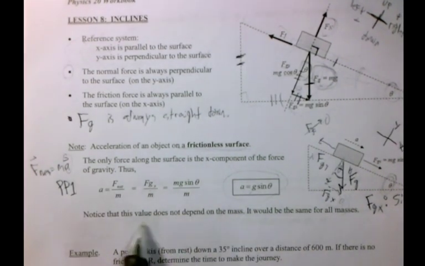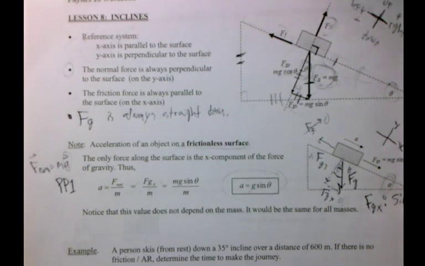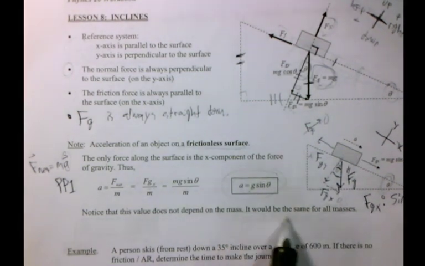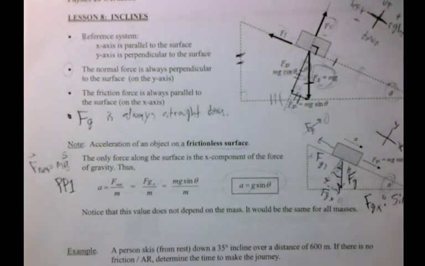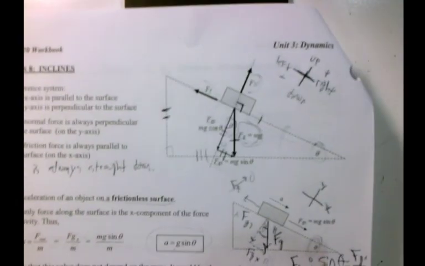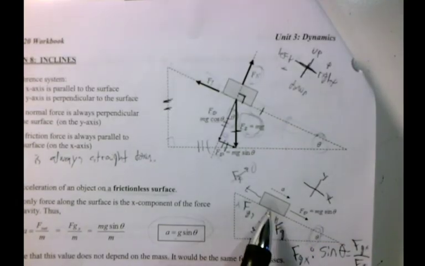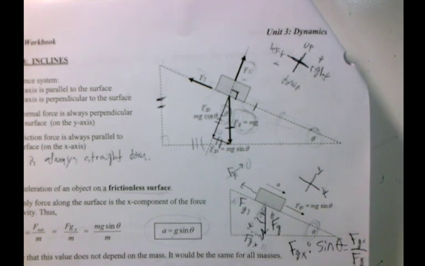Right, and it doesn't depend on the mass. Whatever mass we have will be accelerating at the same rate. Acceleration will be the same for all masses on this slope. Doesn't matter if I'm a 1 kilogram box or a 70 kilogram man skiing down a mountain.